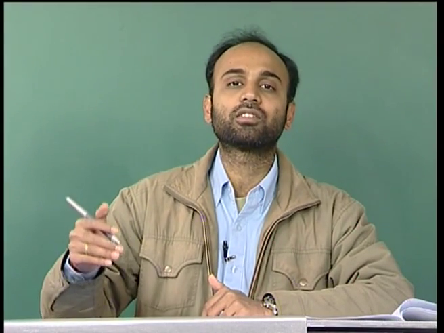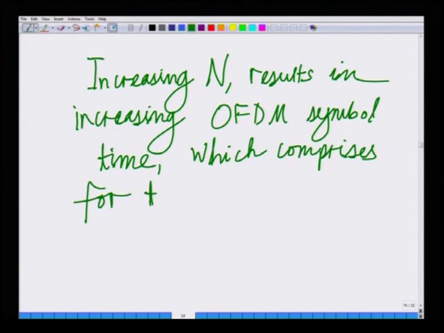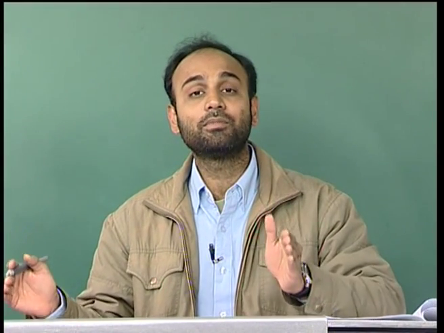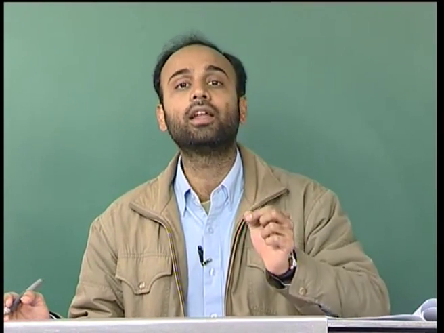So, ISI becomes a progressively smaller fraction, which compensates for the ISI arising out of the delay spread. However, what is the trade-off in increasing N? Remember, you have to wait till the whole OFDM symbol is received to decode all the subcarriers, which means as you increase N, the decoding delay is increasing.